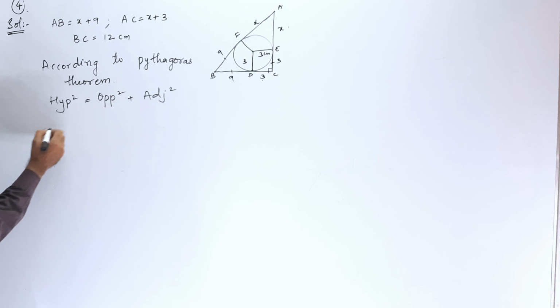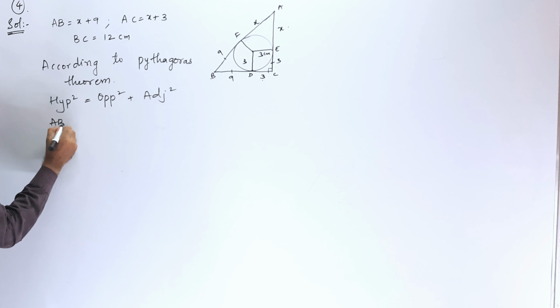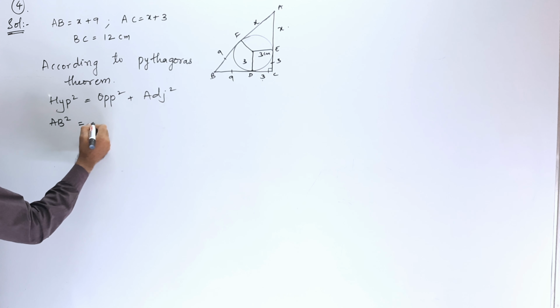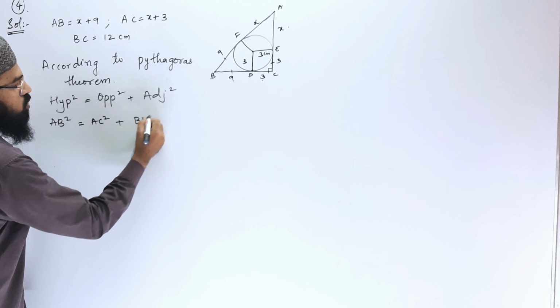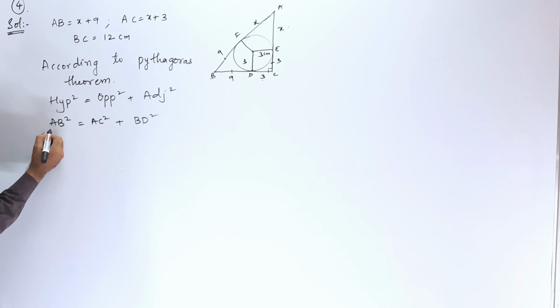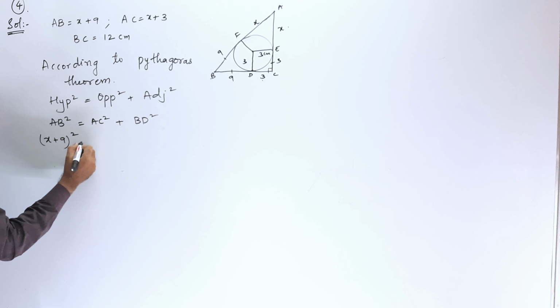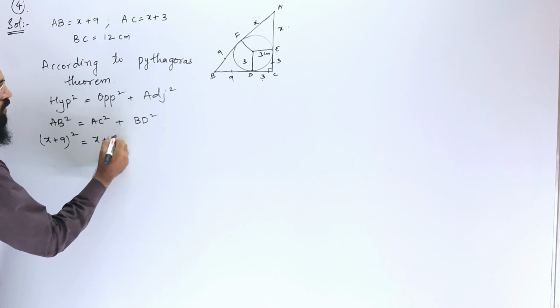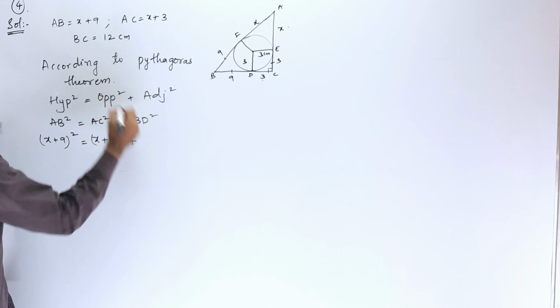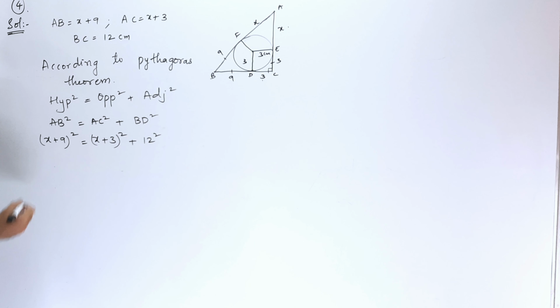Hypotenuse is AB. Opposite is AC and BC square. So what is AB? AB is x plus 9 whole square. AC is x plus 3 whole square. BC is 12 square.